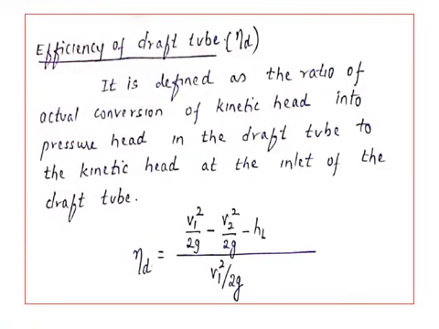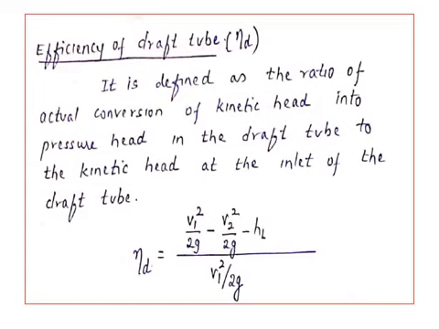Now you know that when we are using this draft tube, since the velocity is more at the inlet because the diameter is less at the inlet, whereas the diameter is more at the outlet, there will definitely be a loss of kinetic energy. Here the efficiency is nothing but output by input.